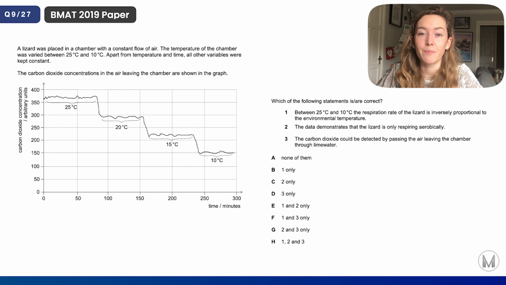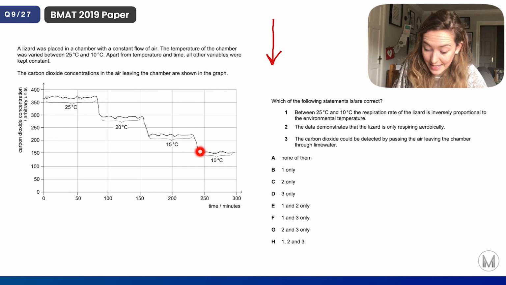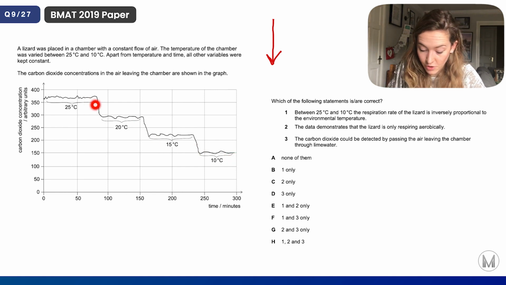So question 9. Statement 1. We're being asked, the respiration rate of the lizard is inversely proportional to the environmental temperature. Well, I'm going to put an arrow down because I can see that my temperature, as we go along, is decreasing. So when the temperature is decreasing, what is happening to my rate of respiration?